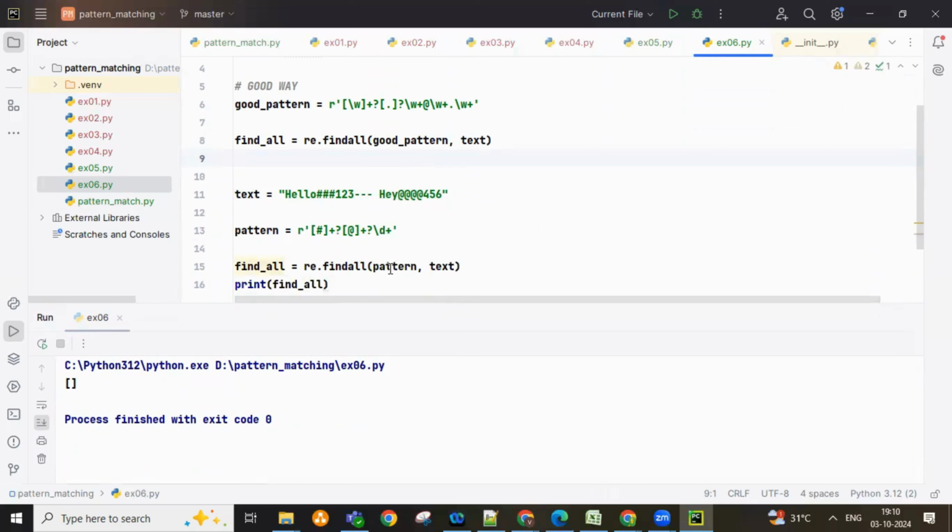Hold on. So the pattern is this, and the text is this, right? It is this we make optional, right? Hash plus this is optional, and followed by this is optional.